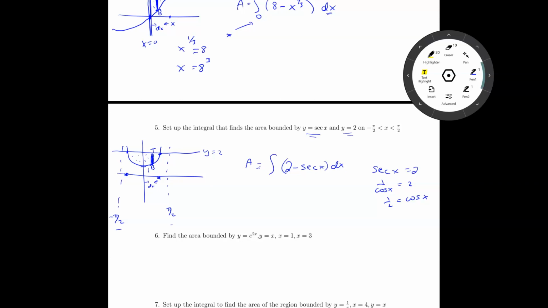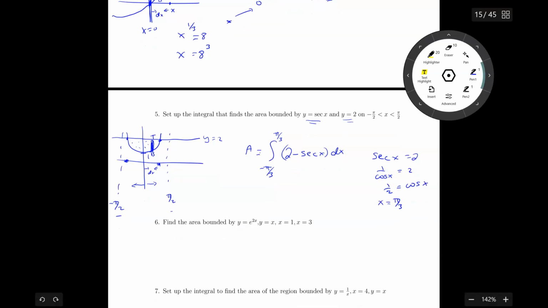Thinking about that, what angle gives me cosine 1/2? That gives me the angle of pi over 3, if I'm thinking about the first quadrant. So I'm going to go pi over 3, and then negative pi over 3 to get over here on the other side of the y-axis.